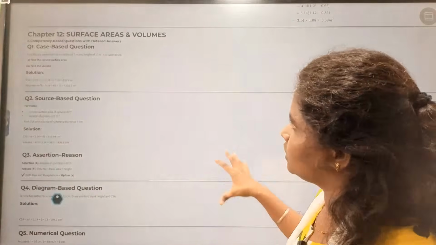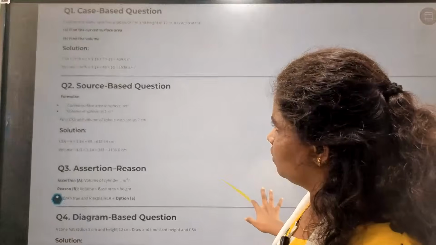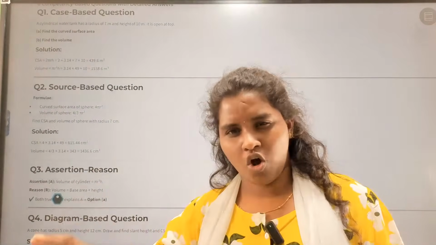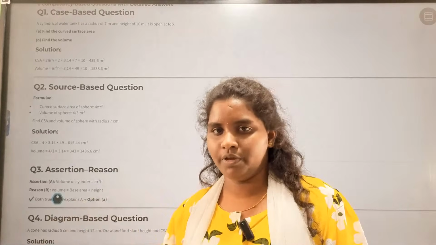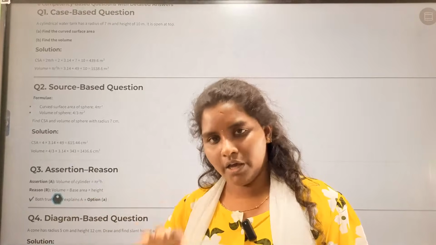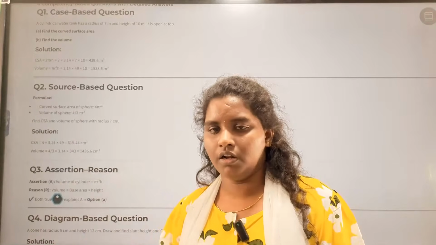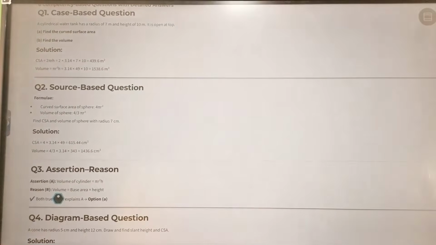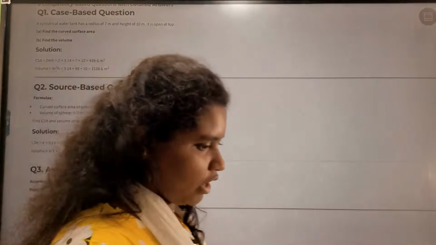Then in surface area and volume, we have 6 shapes, right? Normal cone, cylinder, sphere, hemisphere, like that. Which chapter are you confused about, Rahul?